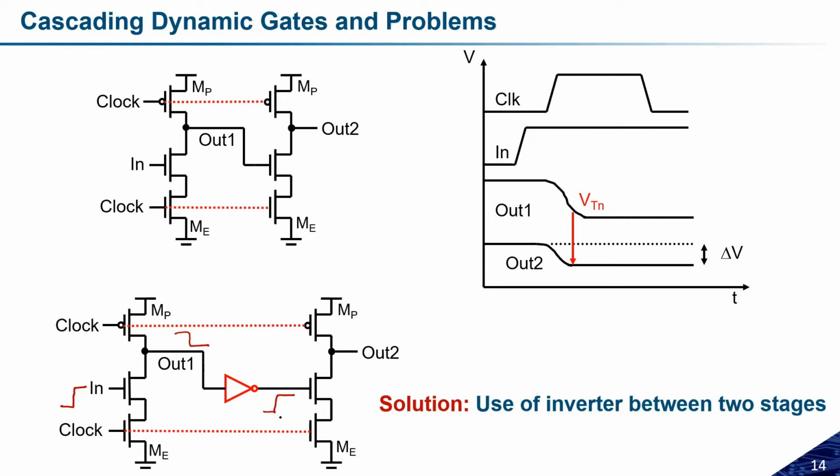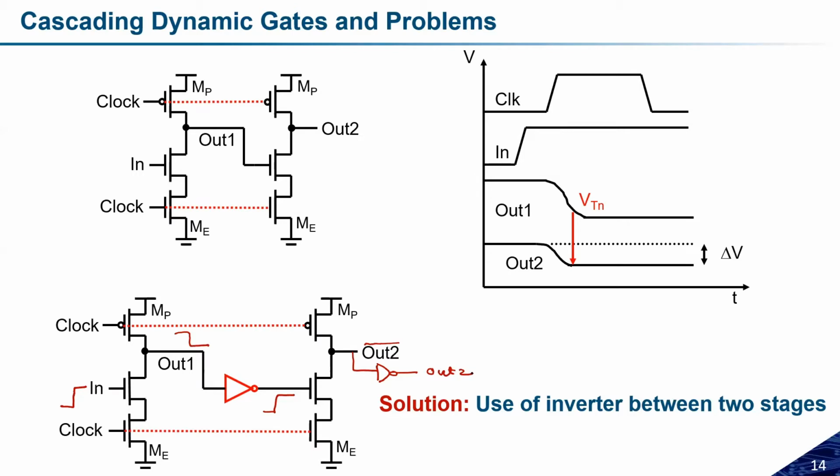So the output 2 will be the complement of the previous one, and the output function will not be the same. So you need to use one more inverter at the output side, so that you can get the output 2. Did you get the answer?